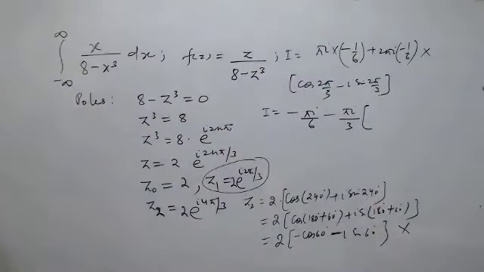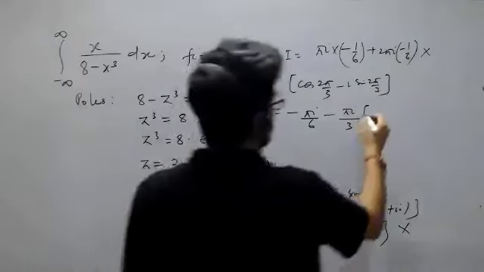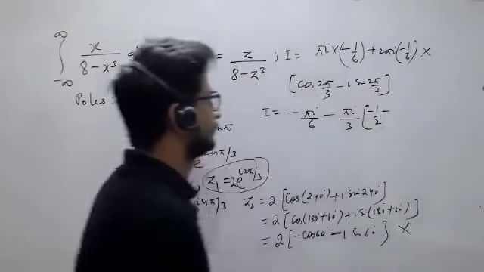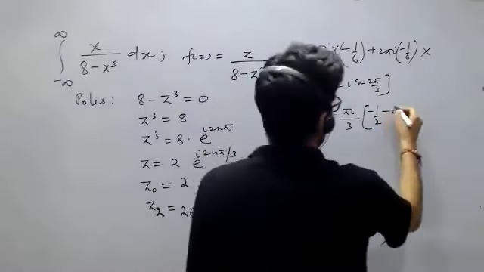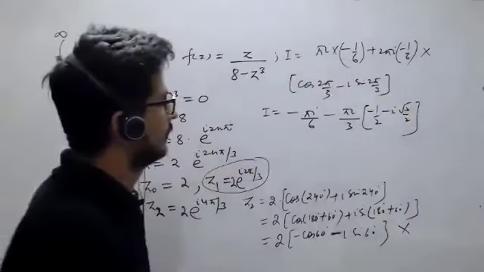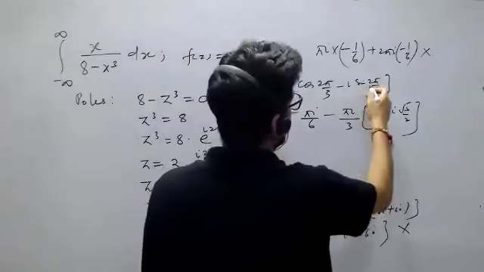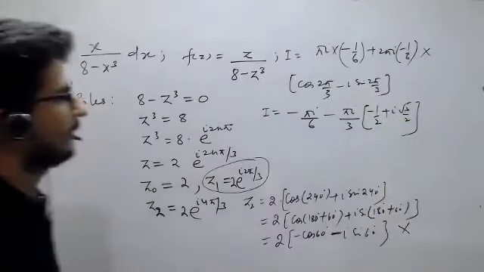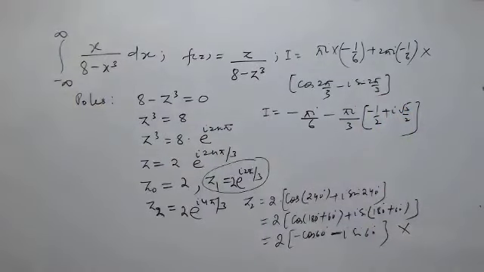Cos 2 pi by 3 is minus 1 by 2. And what is this? Plus iota root 3 by 2. Okay. Check once more.